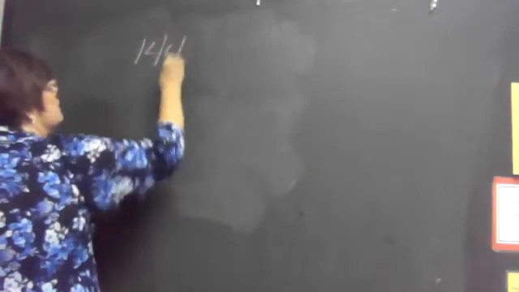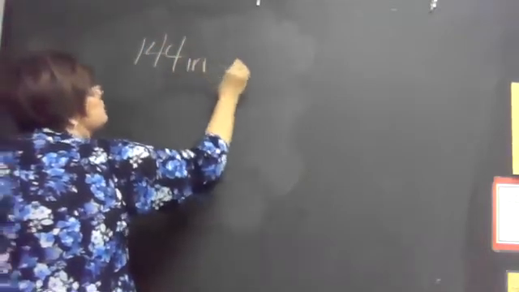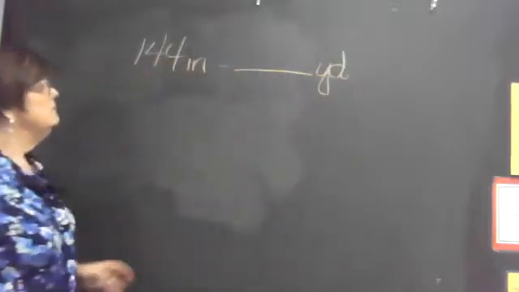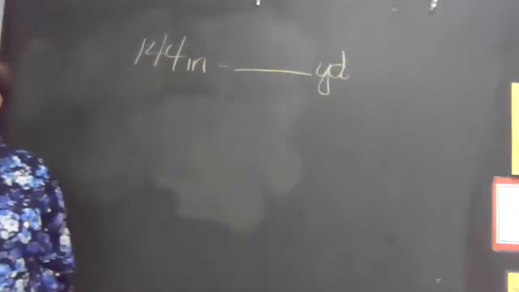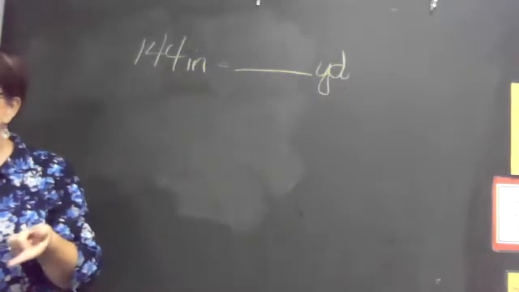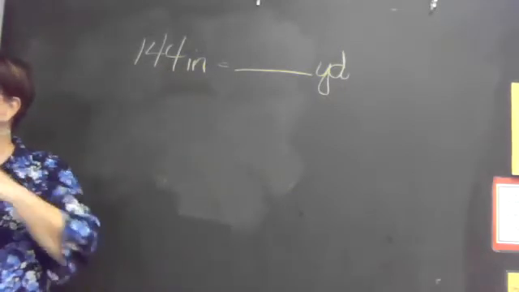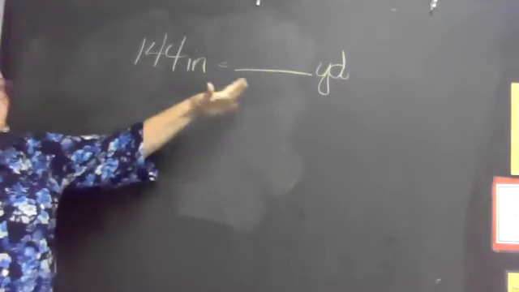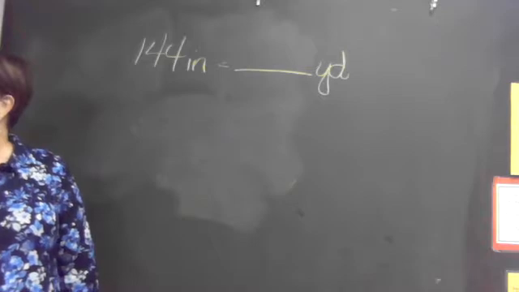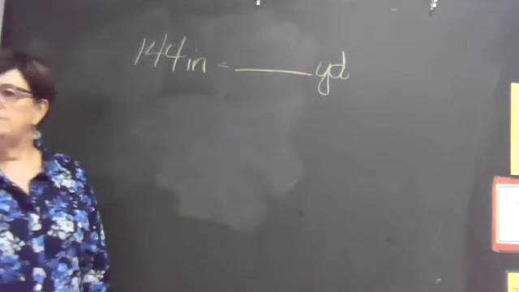Okay, let's do 144 inches equals how many yards? Okay, so the first step when we have to convert is to look at your sheet and find the line that has both inches and yards in it and tell me what it says. 36 inches equals 1 yard.